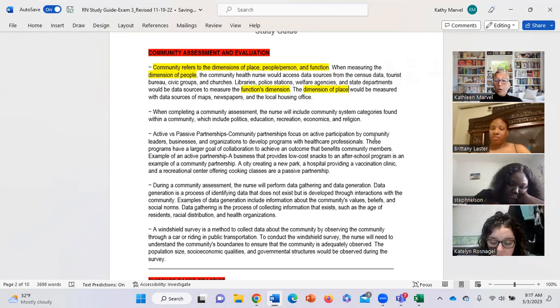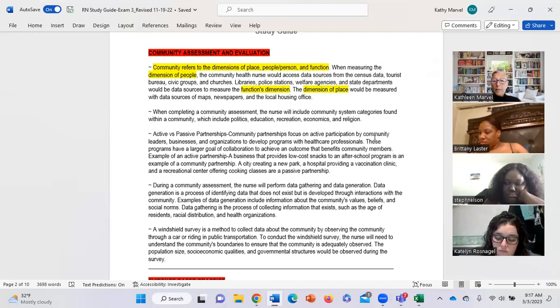Okay, so what kind of question might you get with regards to this first bullet? What is it asking you about? This is how I want you to break down the study guide. You take each bullet, we see what information is provided and what kind of question might be asked about it.